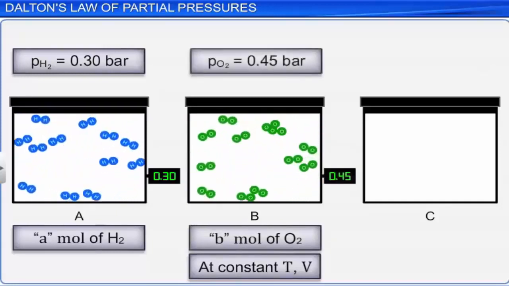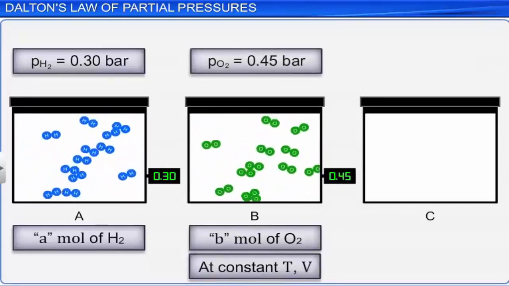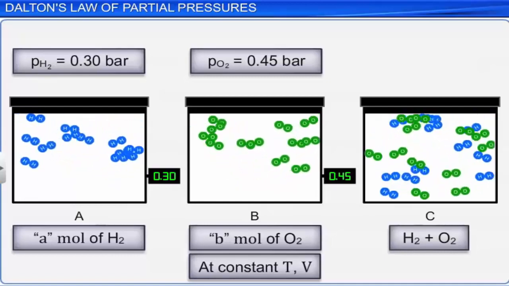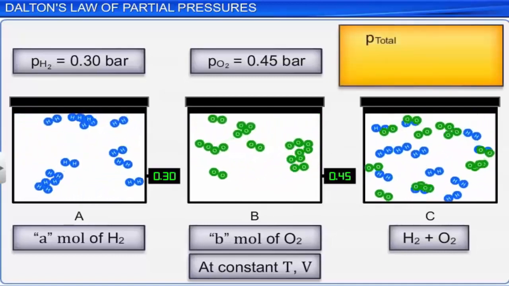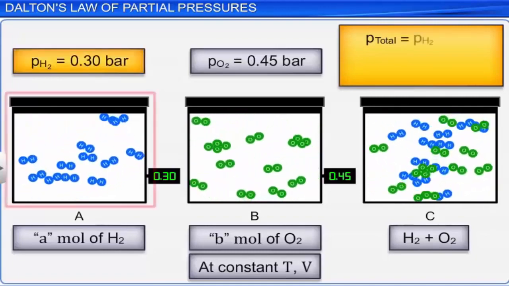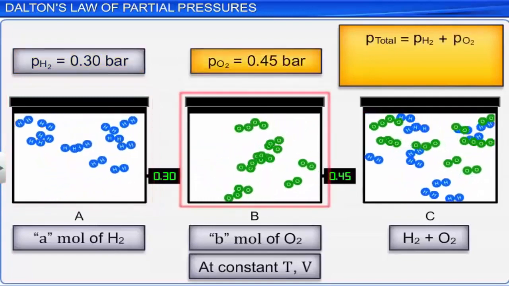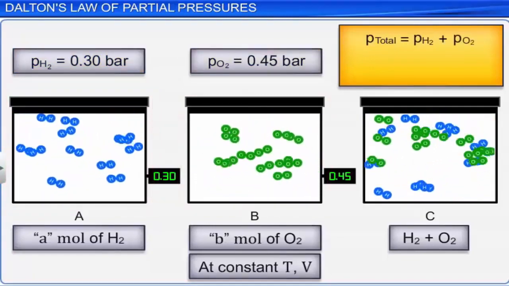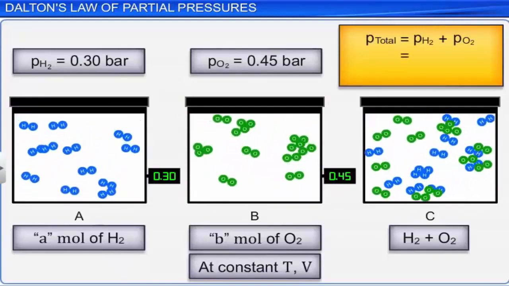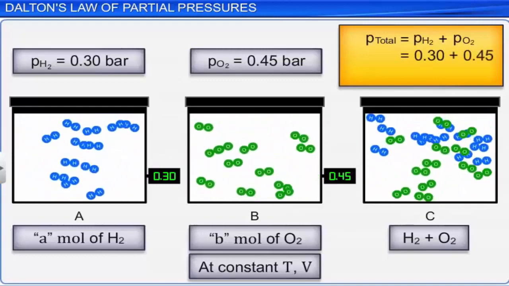Now, if we put both hydrogen and oxygen gases in the third vessel, the total pressure exerted by hydrogen and oxygen in the third vessel would be partial pressure of hydrogen plus partial pressure of oxygen. That is, the total pressure P total is equal to 0.30 bar plus 0.45 bar, which is equal to 0.75 bar.